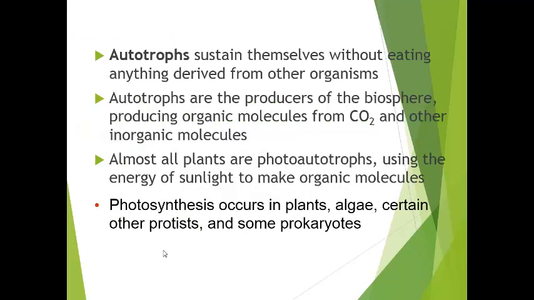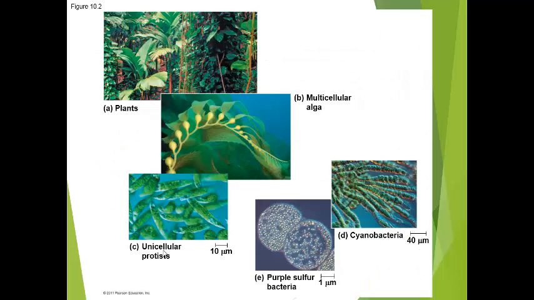Autotrophs are organisms that can make their own food through the process of photosynthesis. Autotrophs include producers like plants, algae. You also have bacteria like cyanobacteria that can also perform photosynthesis.